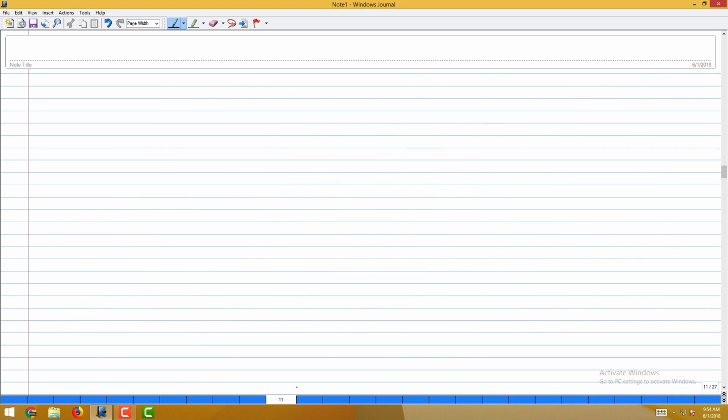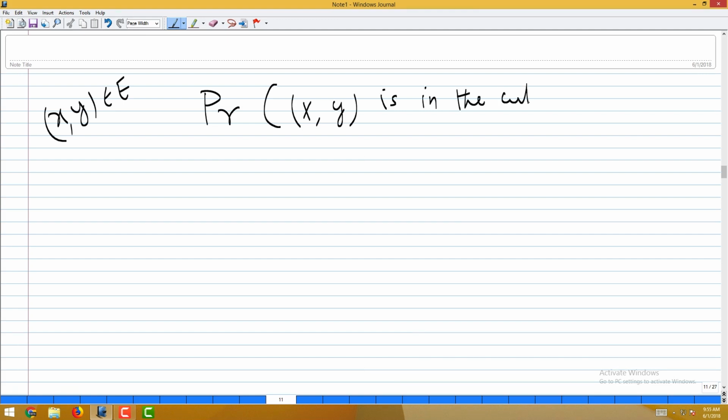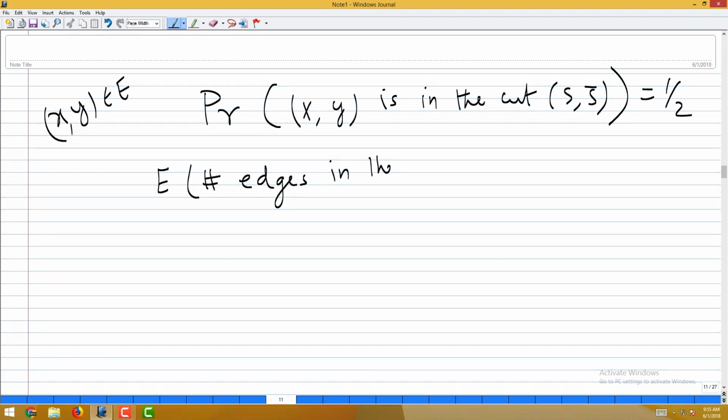And so, okay, let us say x y is in E, then the probability that x y is in the cut is a half. So, the expected number of edges in the cut S S bar is number of edges by 2.